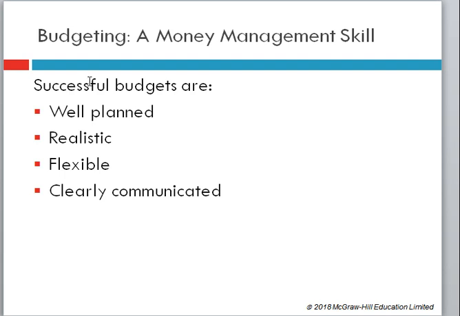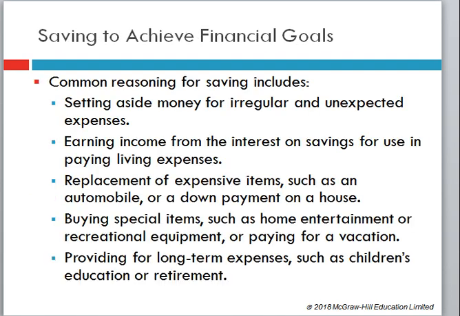You cannot save, let's say, 50% or 60% of your income if you have a family. If you plan for that, more or less you would not be able to follow it. So they should be realistic, they should be flexible, because things may change, and they should be clearly communicated. They should be easy to understand for everyone.